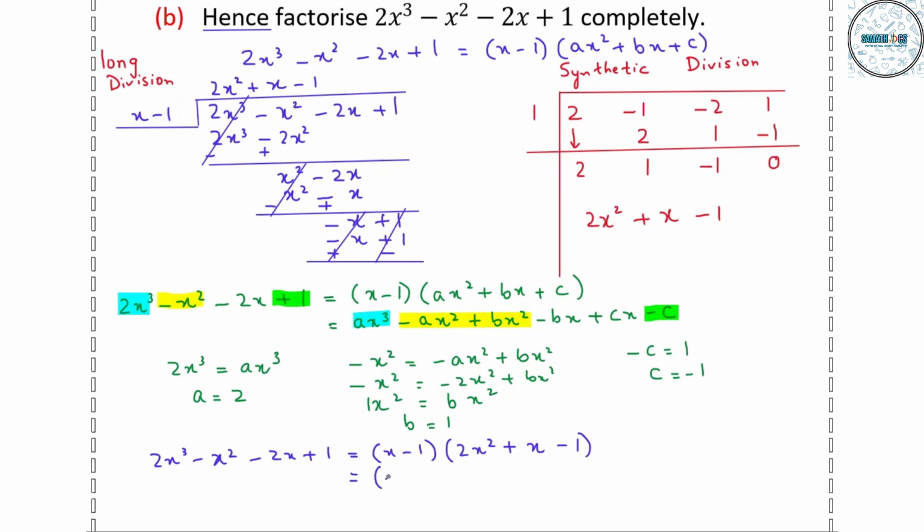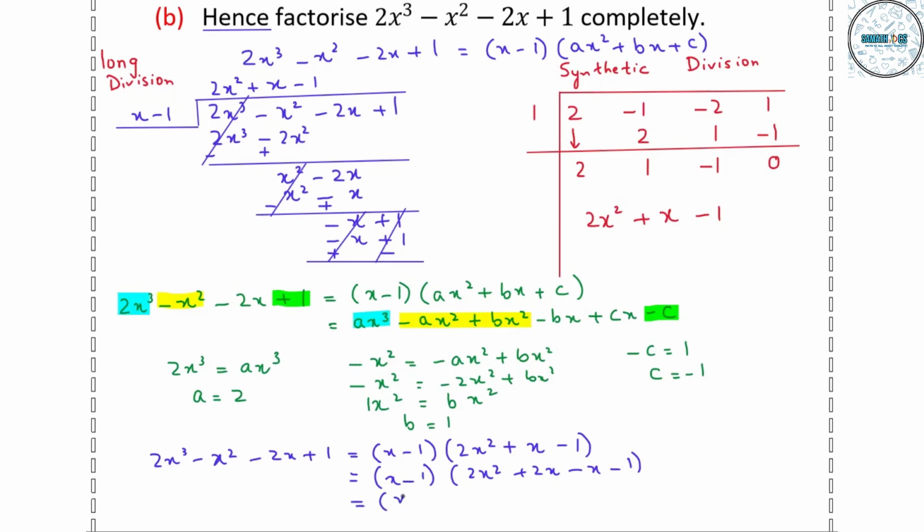Now we can factorize 2x squared plus x minus 1 using middle term breaking. 2x squared plus 2x minus x minus 1. When we multiply 2x squared by minus 1, we get minus 2x squared, and the factors of minus 2x squared, which will give the result as plus x by adding or subtracting, are plus 2x and minus x.